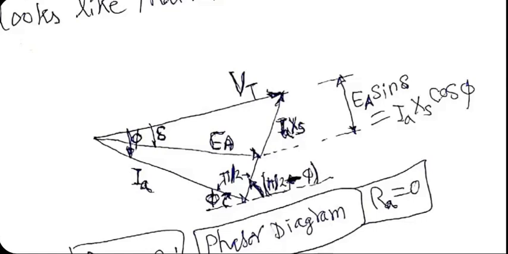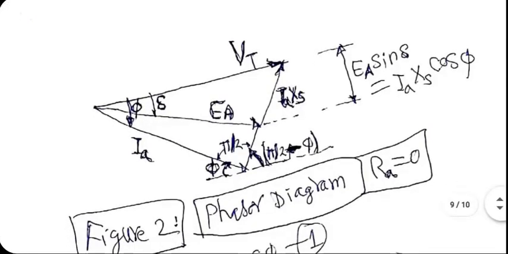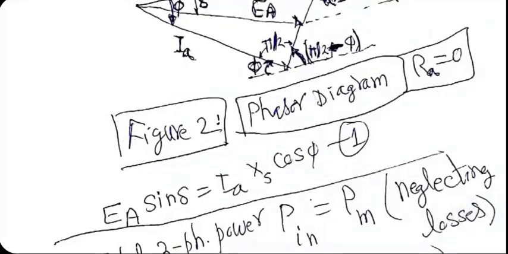And IA XS cos phi would also give you the same vertical if you look at the diagram carefully. So equating these two is the crux. EA sine delta should be equal to IA XS cos phi, assuming RA equal to 0.